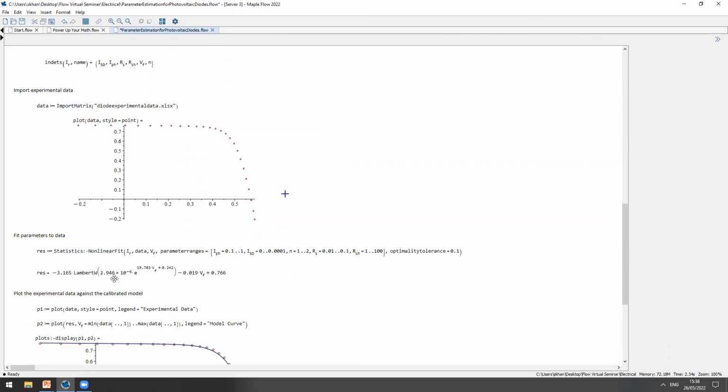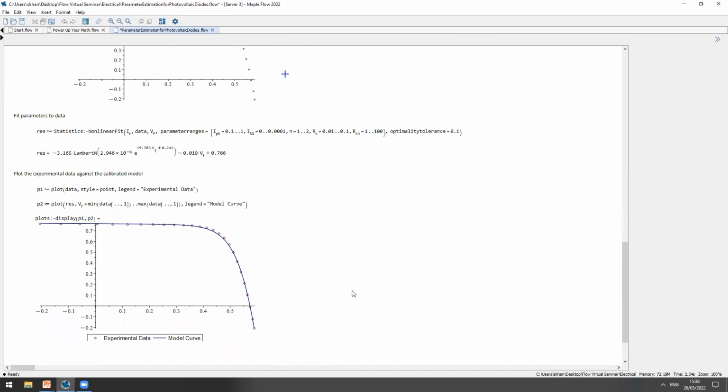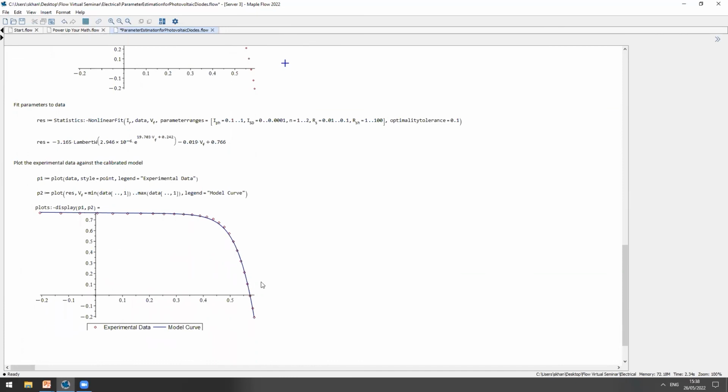And then I use the NonlinearFit function, which I introduced a couple of minutes ago, to find the best fit values of the undetermined parameters. And then, as the final flourish, I plot the experimental data against the calibrated model here. It's a pretty good fit.